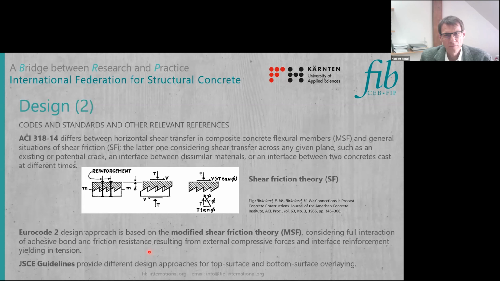We have various design approaches, most of them more or less based on the shear friction theory, like ACI code regulations or Eurocode 2. We also have in Japan the JCI guidelines.